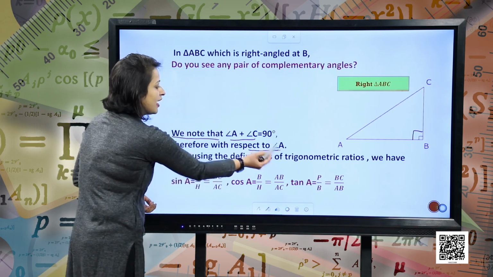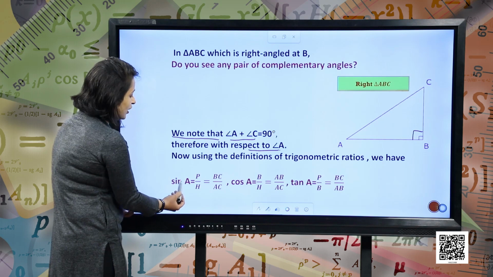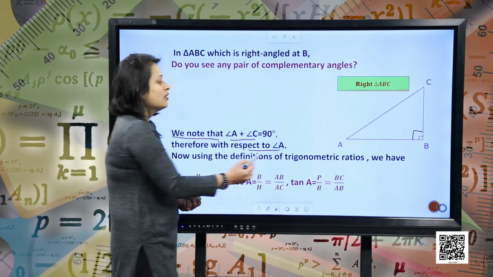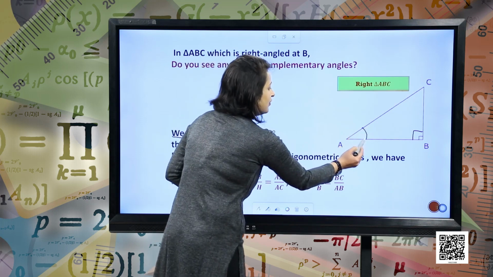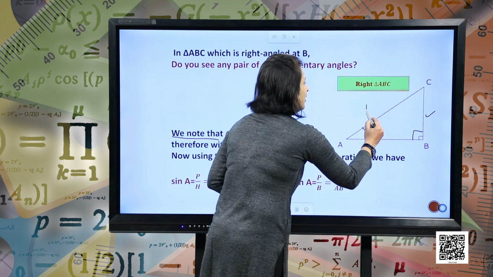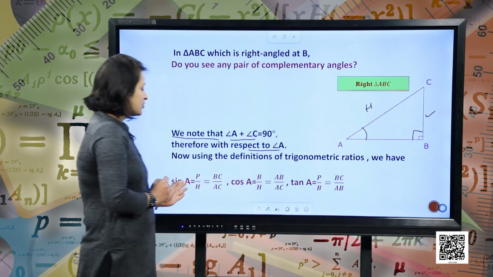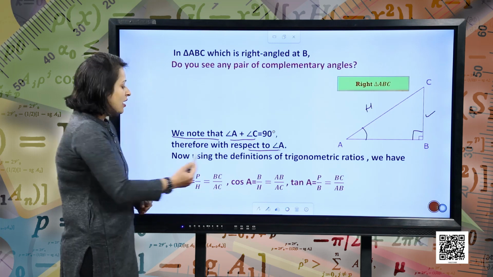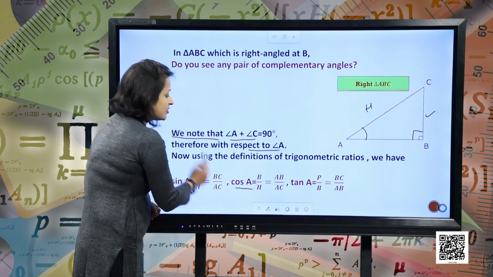Since we are considering angle A, sine A is what? Perpendicular upon hypotenuse. So this will be perpendicular and this will be hypotenuse. So sine A will be BC upon AC. Similarly, what is cos A?